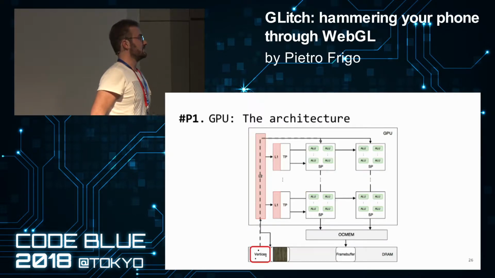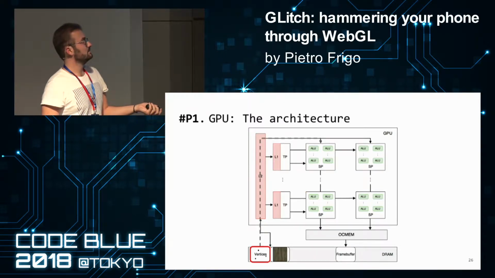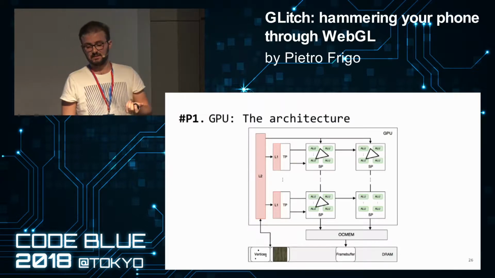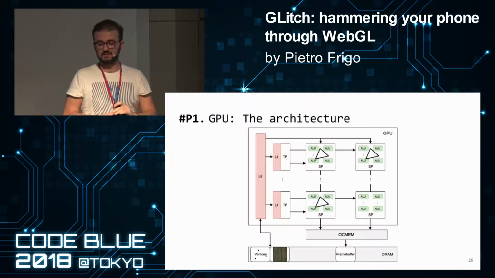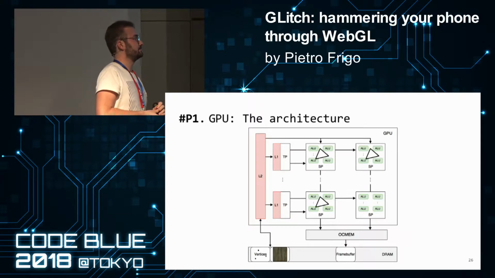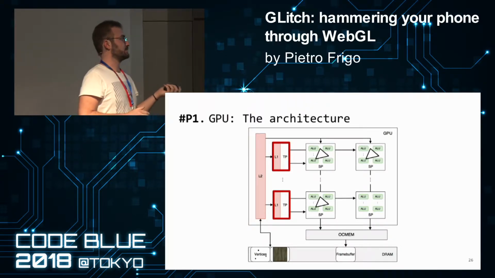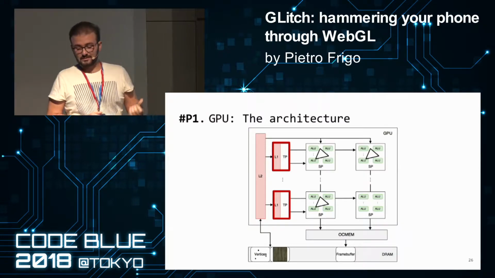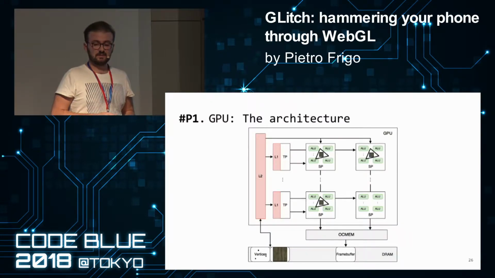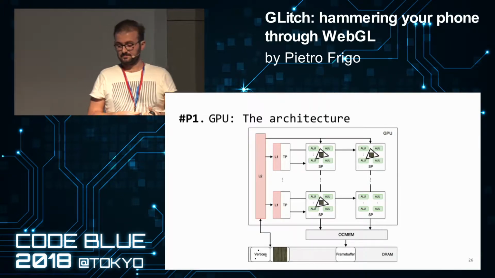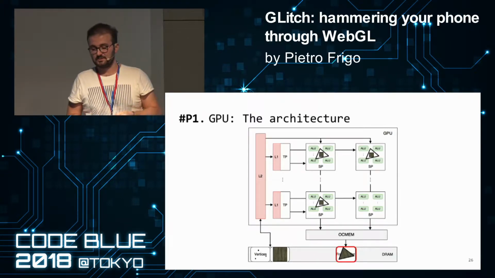And what they do is they start by querying the vertices from DRAM to run the vertex shader. So you get the polygons at the end of the vertex shader inside your stream processors. And then what it does is query these other units, which are the texture processors, to get the texture from memory and fill in the fragments with the associated pixel of the texture. And at the end, you will get the content in the frame buffer.